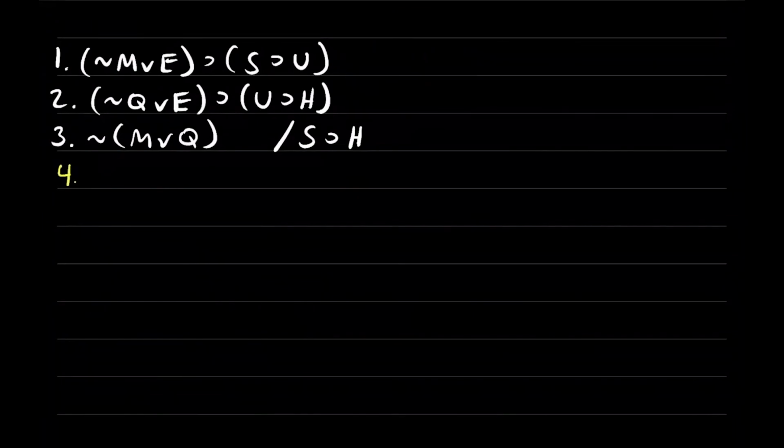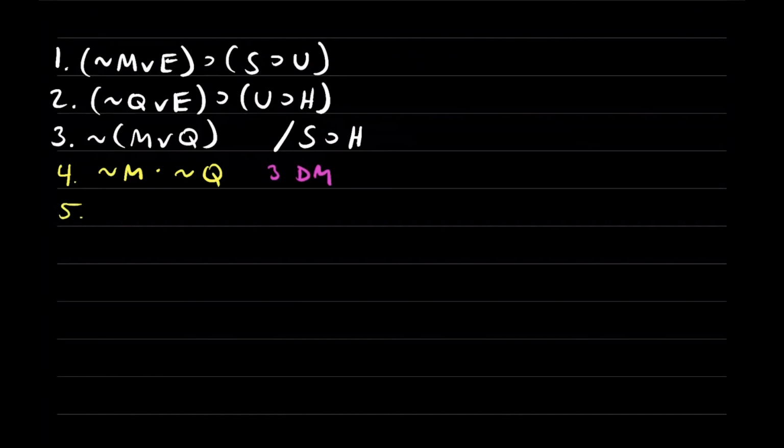Hopefully you see by now that line 3 is a De Morgan's rule step. You can see that it's the negation of a disjunction, which would give you not M and not Q. Okay, and that would follow from line 3 by De Morgan's rule. It's the only obvious starting point that I see.